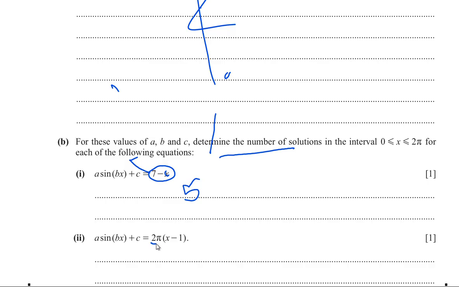So the thing is, we have this equation that is y equals to 2 pi x minus 2 pi. That means the gradient is 2 pi and the y-intercept is minus 2 pi.